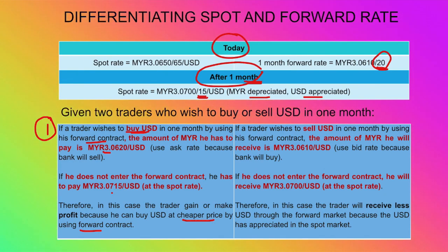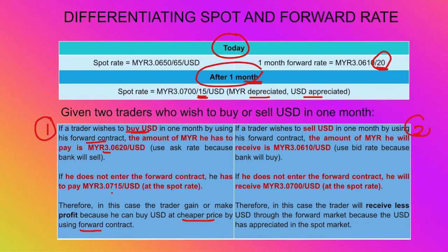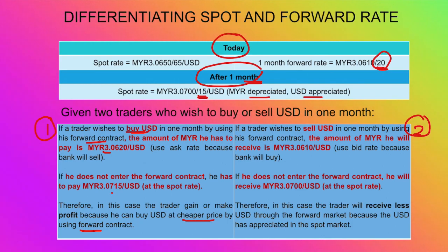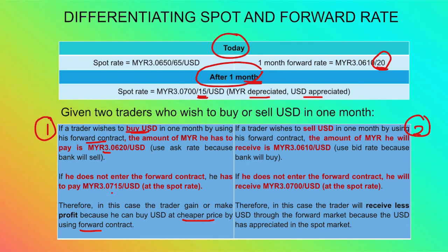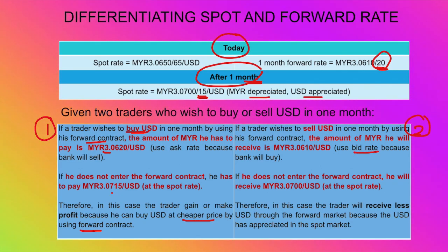Okay, and then the second situation is if a trader wishes to sell US dollar in 1 month by using his forward contract, the amount of Malaysia Ringgit he will receive is 3.0610 per US dollar. In this case, we use the bid rate because the bank will buy.